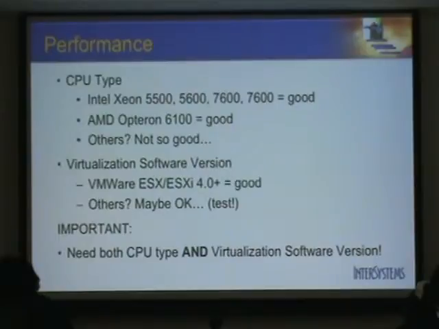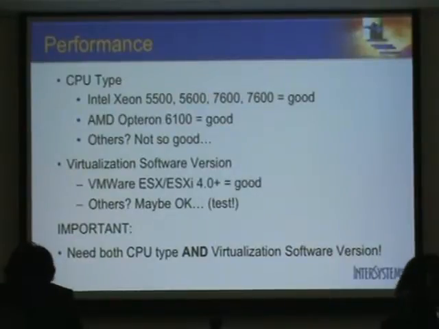But what we found is that it's a combination of both the advances that Intel made in the CPU architecture and the advances that, for this example, VMware made in their virtualization software. You cannot have one or the other and still achieve good performance in a virtual machine. You need both. That is our experience. Okay?